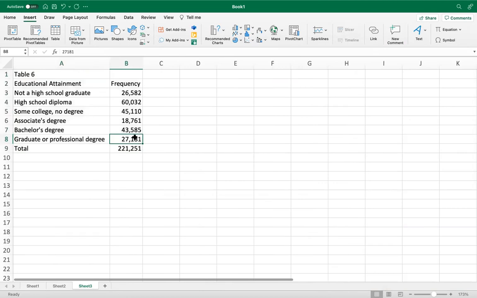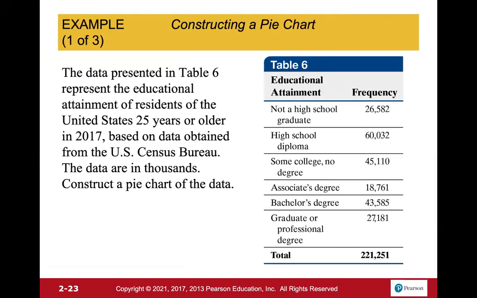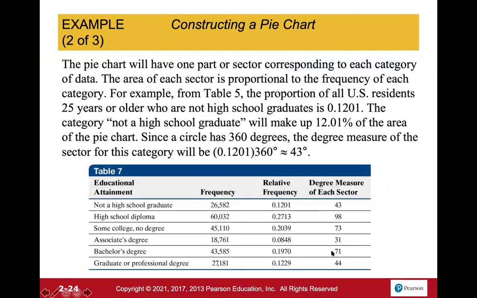So there's two ways that we could do this. For the pie chart, we aren't going to have to follow the exact same rules that we have over here. We don't need the relative frequency, but it would be a good idea to do so. I'll explain what they're talking about here. Remember, a circle is 360 degrees, as you may remember from elementary, middle, or high school.